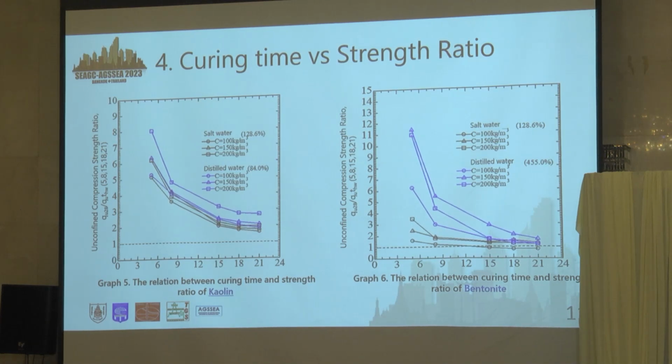If the ratio is 1, it means the result has the same value. But for bentonite, it is almost close to 1. It means that QU at 28 days can be the same as QU at 21 hours of the accelerated curing method. And it is also significant with salt water.